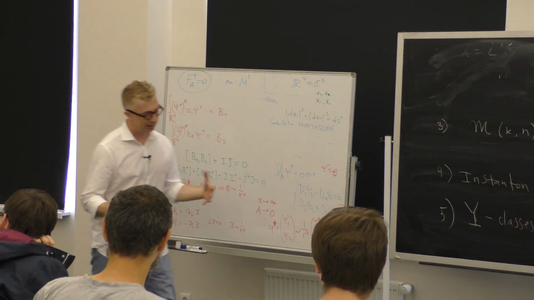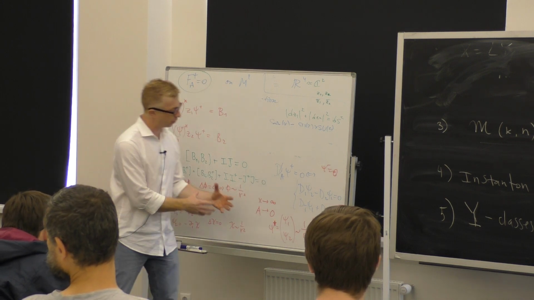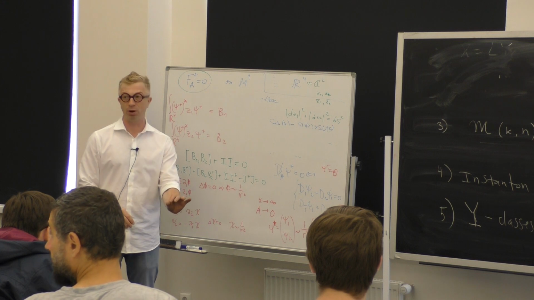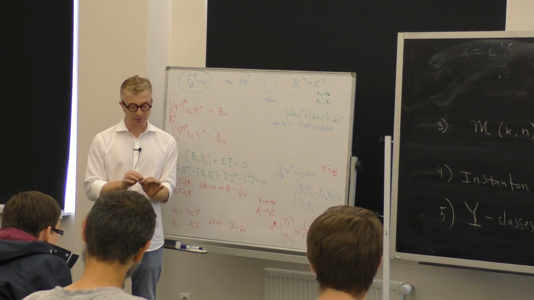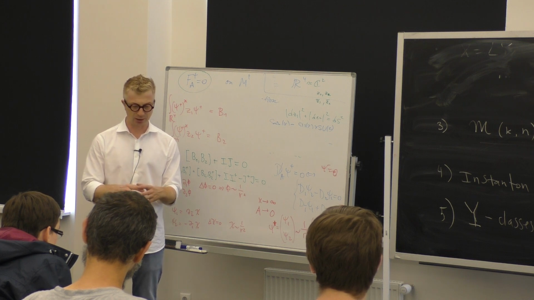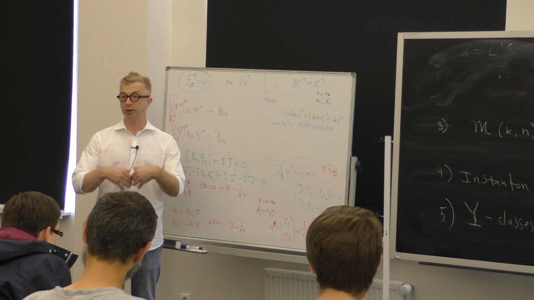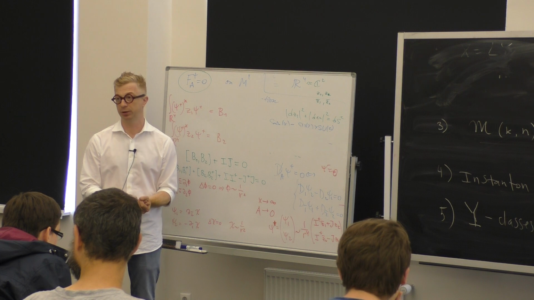Yes, so the claim is that if you have a solution which is defined everywhere except at a point, then by perhaps making a gauge transformation in the neighborhood of that point, you can produce a connection which extends smoothly to that point.